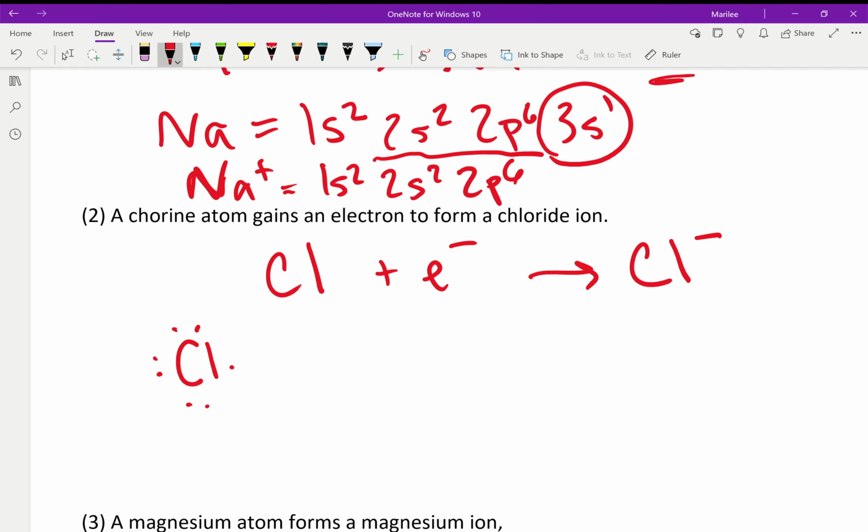So we have this one lone pair here. This one, let me draw in blue. This electron is going to want its partner, right? So that we add this electron. When we add that electron, we'll have the most outer shell completely filled.